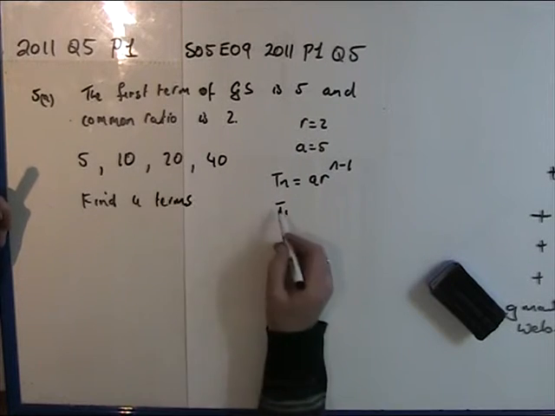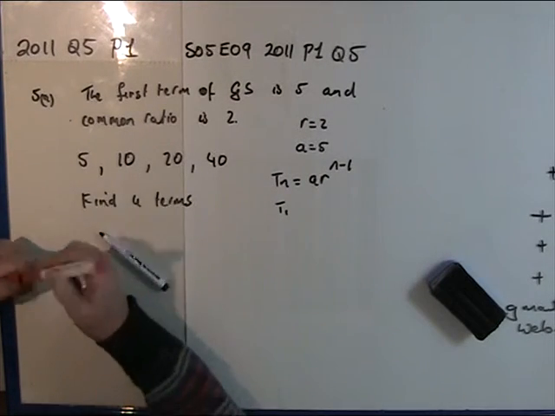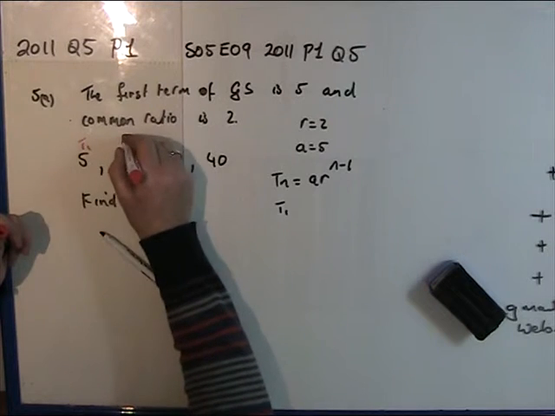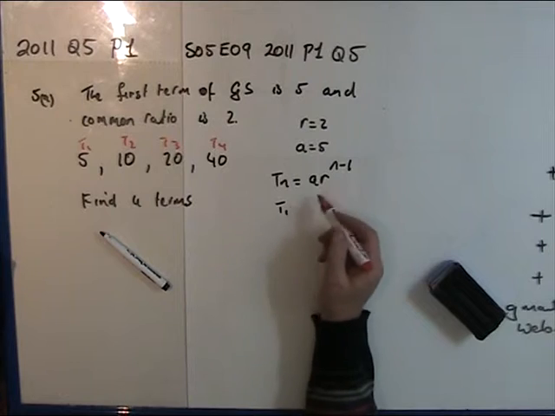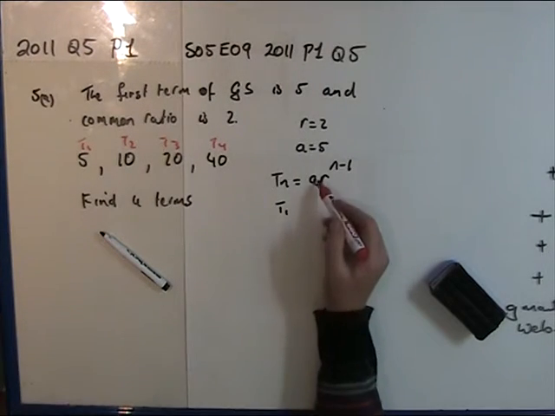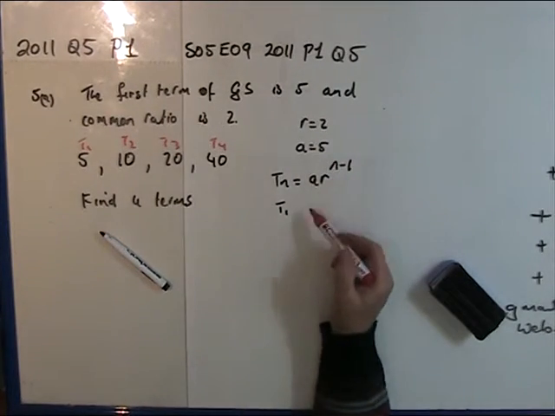Obviously this is related to T1, T2, T3 and T4, and if I put them into this formula they would have come out, using A as 5 and R as 2.